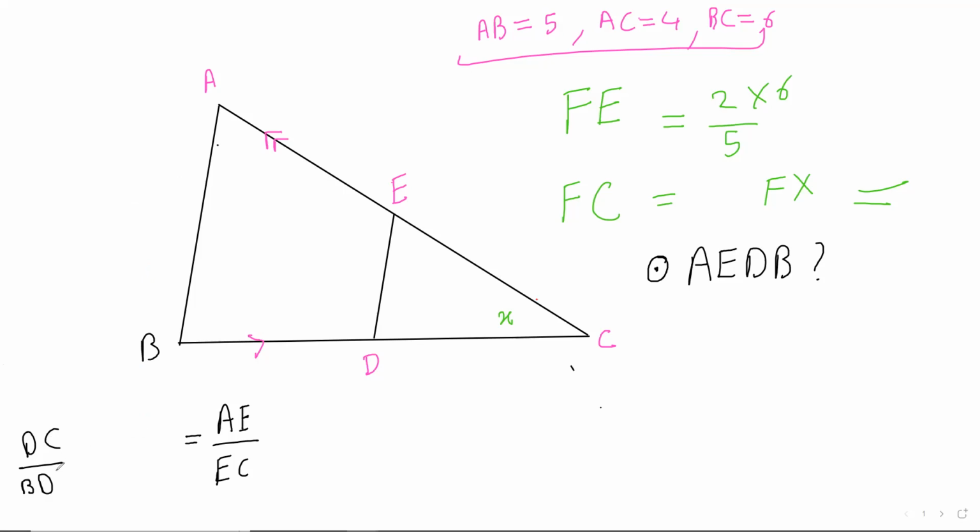DC by BD, this by this, is somehow mixed up. So it's AE by EC. So yeah, in that way we don't get any similarity, do we? Right? No, it's just not there.